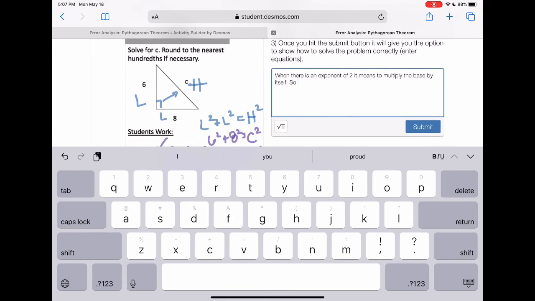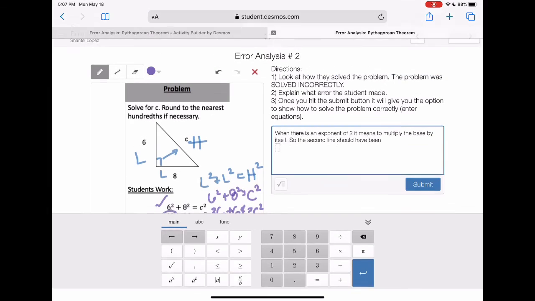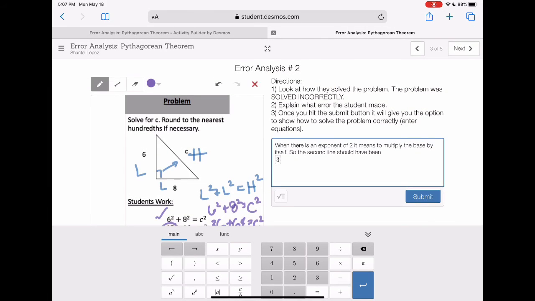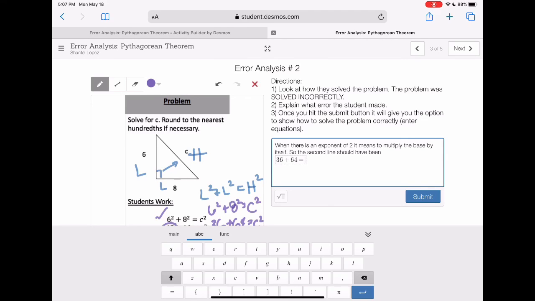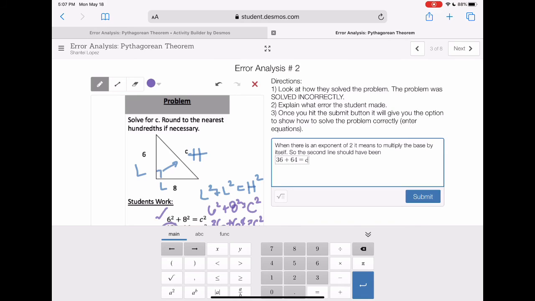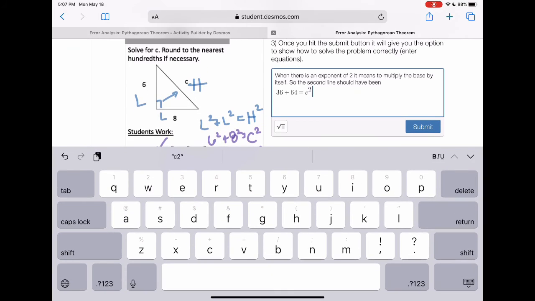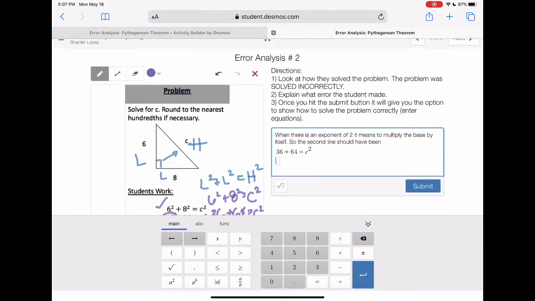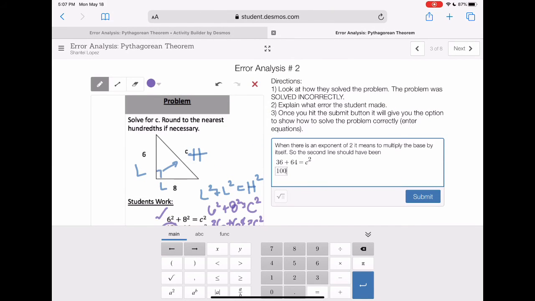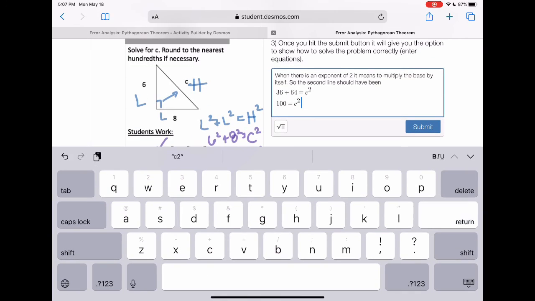So the second line should have been 36 plus 64 equals C squared. And then our next line should have been 100 equals C squared. I'm going to show that extra step.